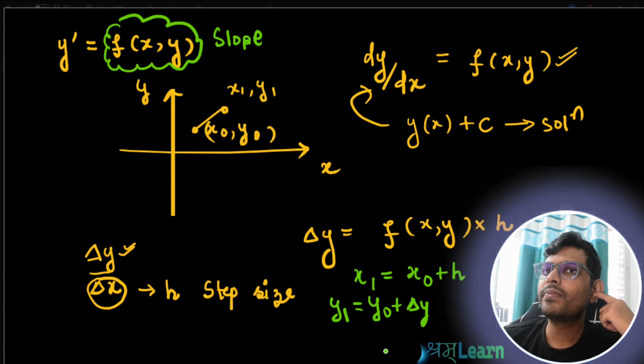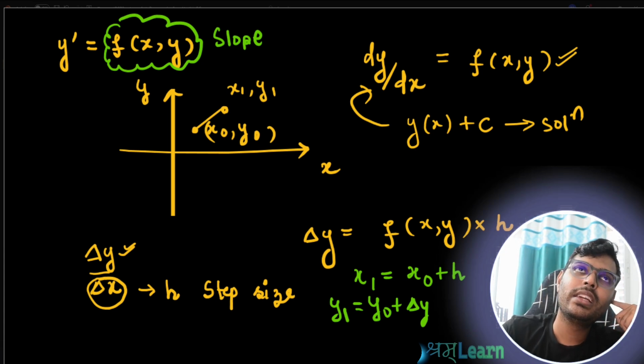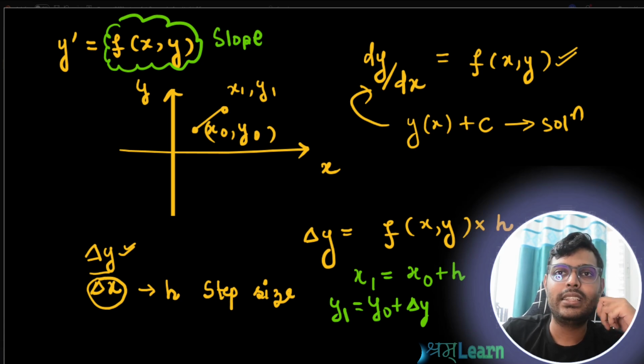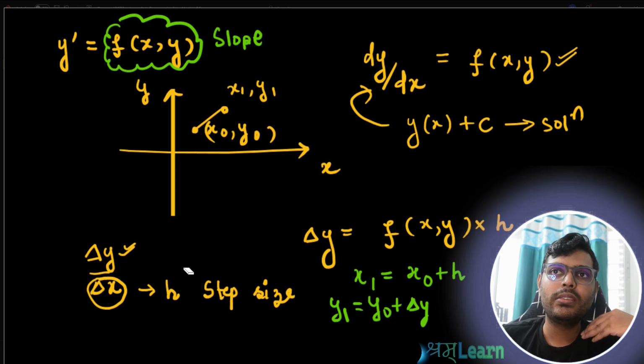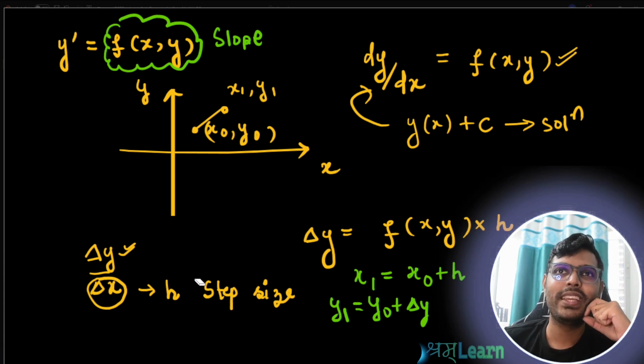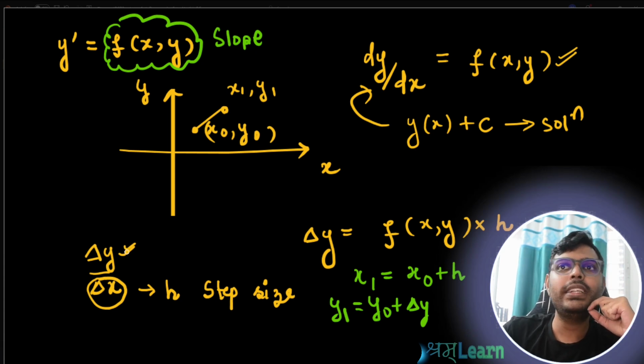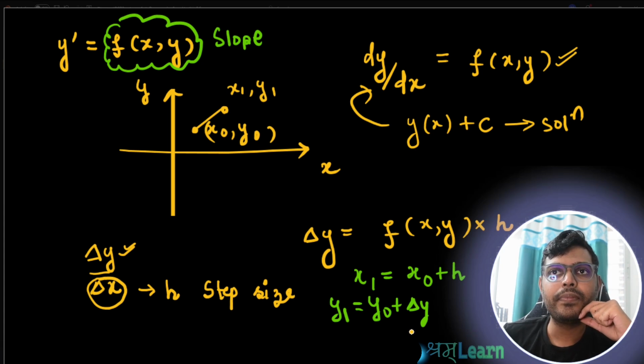Is it so? Yes. So y naught plus delta y is our y1. I hope that I have made this thing clear.